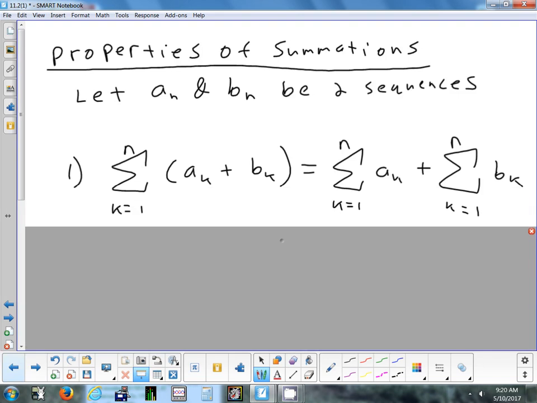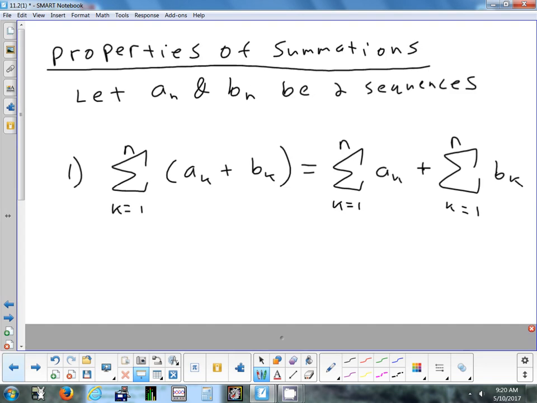Okay? And that's basically what I'm showing you right here. If you wanted to do a sum of 2 different sequences, it's exactly the same as adding up all the numbers in the first sequence, adding up all the numbers in the second sequence, and then adding those results together.